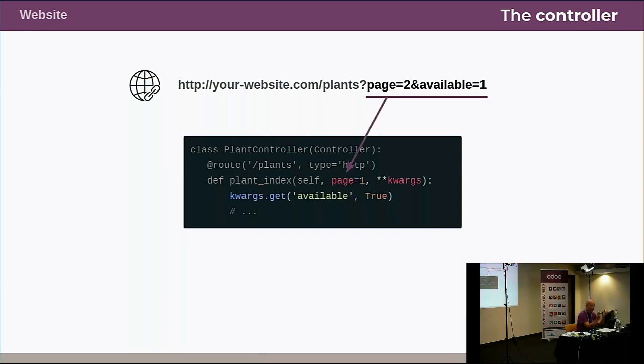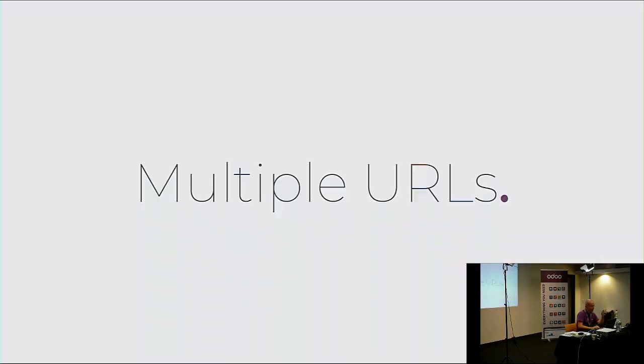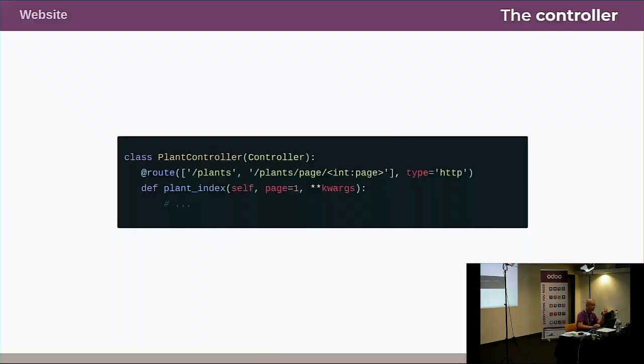Whether you specify directly an argument in your method, or you can use the keyword arguments, and you can also have defaults on that. You can also specify multiple URLs if the first argument of the route is a list. Simply like this, and then it's exactly the same. So this is how we declare it.